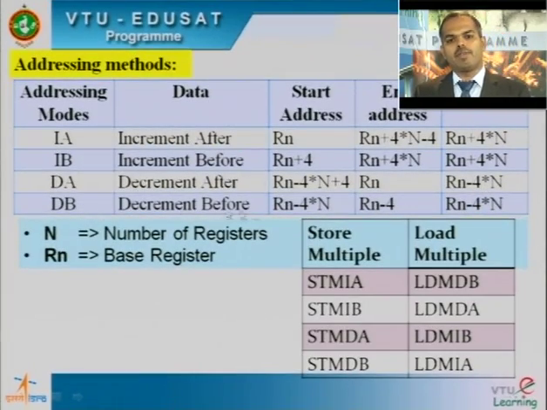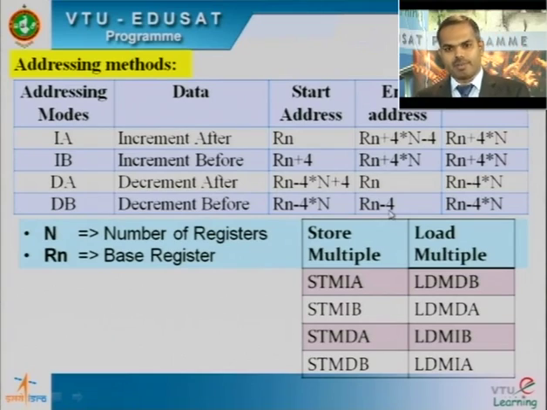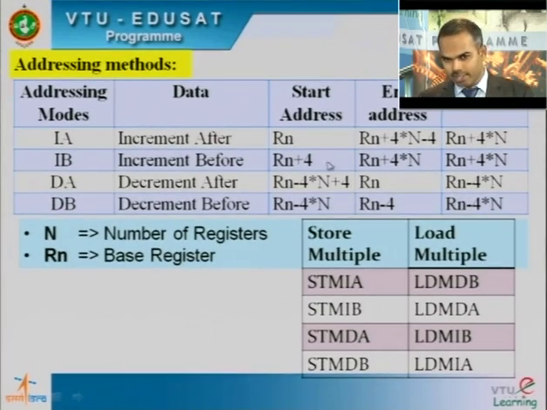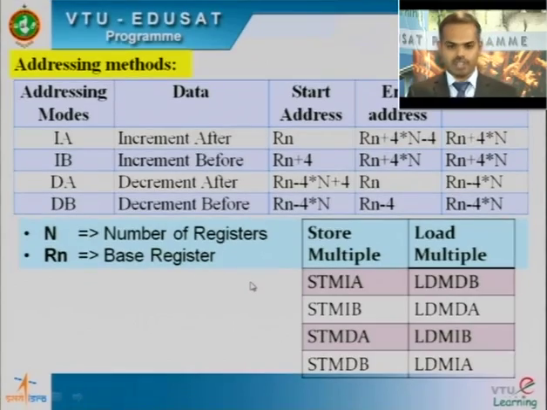For decrement before, the start address is Rn minus 4n, the end address is Rn minus 4. The total resultant value of Rn at the end of this instruction is Rn minus 4n. We will look at these examples, like what exactly is the meaning of the start address, end address and the updated value of Rn, in the next examples.